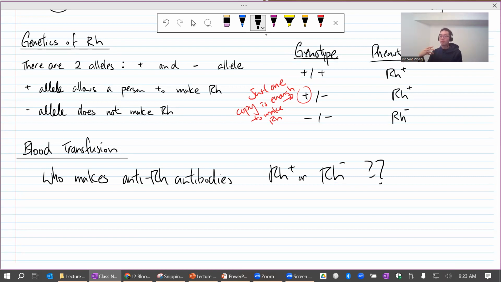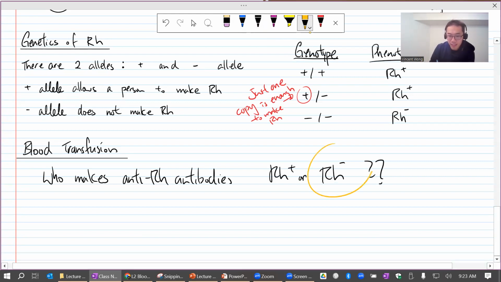So let's backtrack a little bit, right? What is an antibody? Antibodies are the things that you make to attack things that you do not have. If you are positive, it doesn't make sense to make anti-Rh antibodies, right? Because you have positive, you don't want to end up attacking yourself. Okay. So it's the negative people, right?